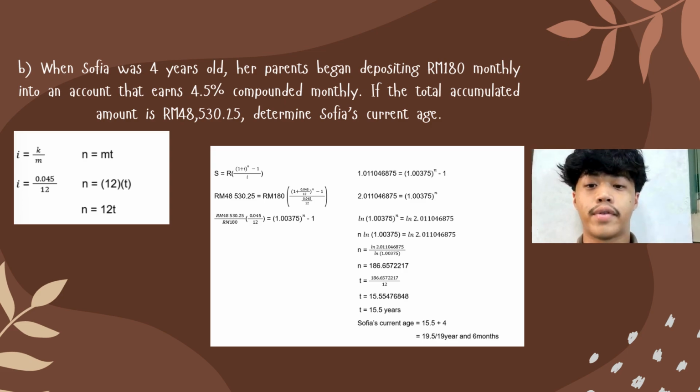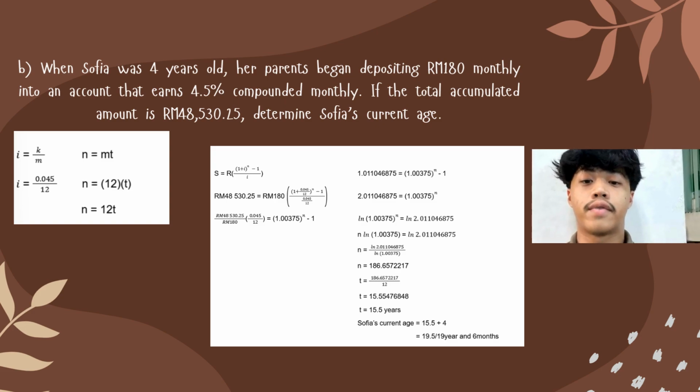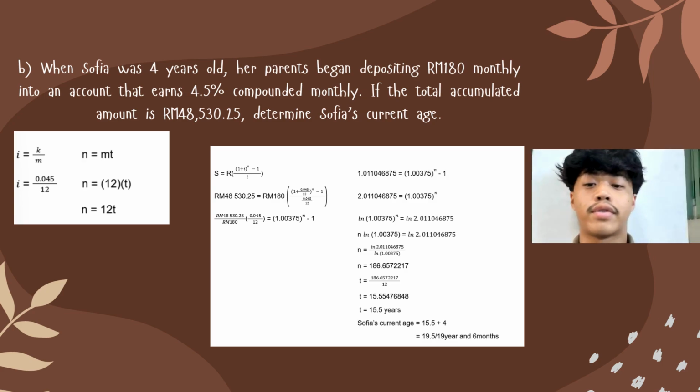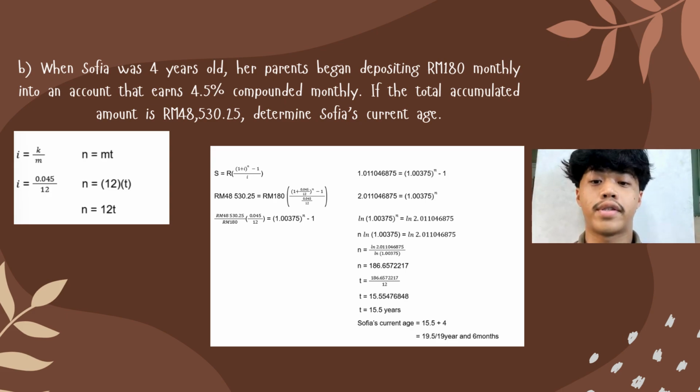The outcome will be 1.011046875 equals bracket 1.00375 bracket power of n minus 1. Move the 1 to the left side, and it will become 2.011046875 equals 1.00375 power of n.